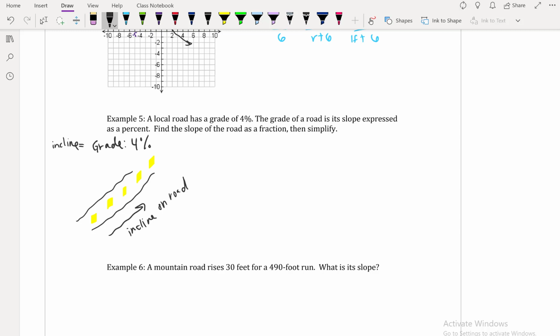So the grade of the road is its slope. So I know that the grade is equal to the slope expressed as a percent. Find the slope of the road as a fraction, then simplify. So that means we are going to change the percent into a fraction.